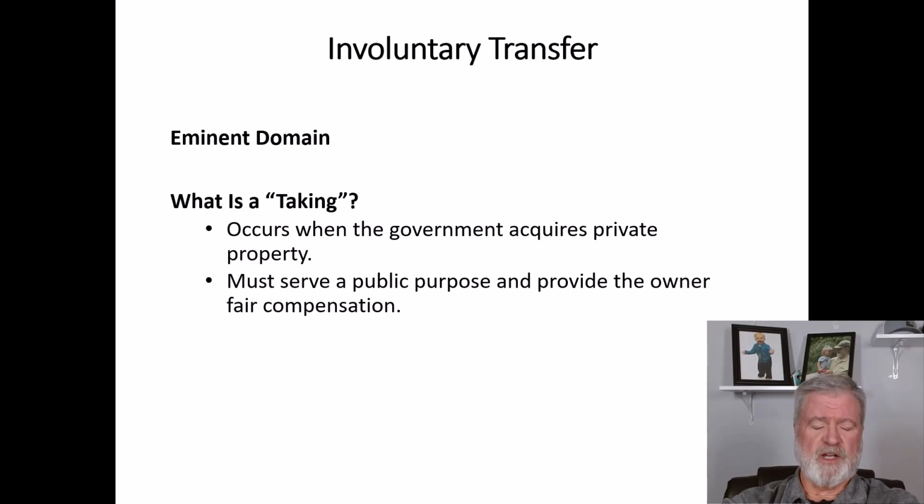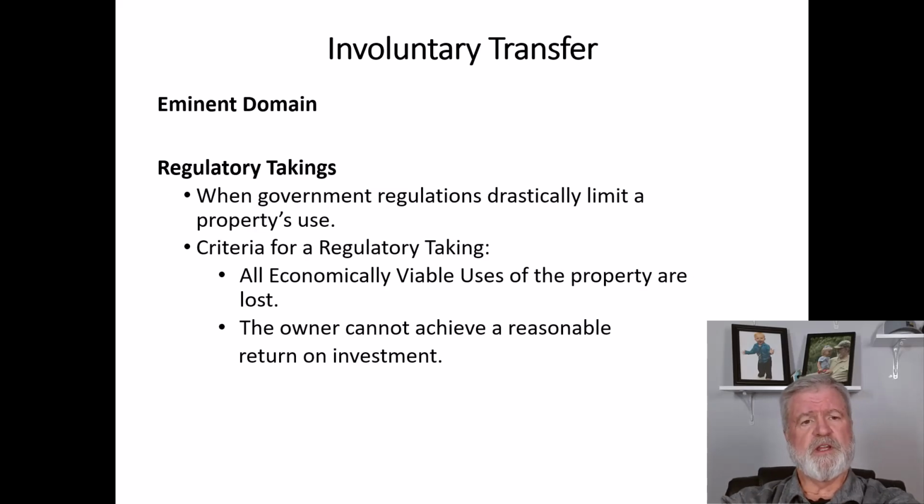So what is taking? Y'all, again, we're still dealing with eminent domain. And in case you hear the word taking, y'all, obviously the government is taking property from private owners for public use. Y'all, that's all they're talking about there. When it comes to these regulatory takings, y'all, I don't want to get too deep into this, but I will tell you, this is very interesting if you just want to really dig into what the government can and can't do.